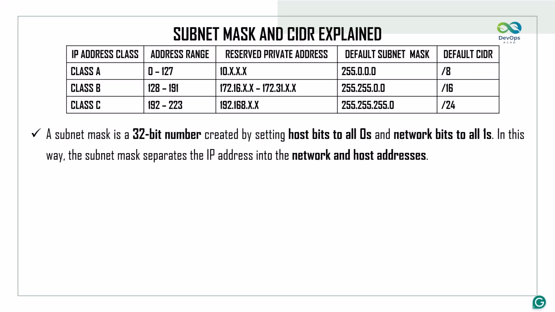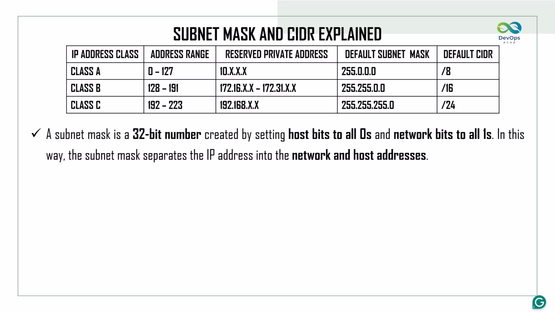So if all the bits in the first set are turned on, we get 8 bits. That is where we got /8. This /8 is referred to as the CIDR notation, while 255.0.0.0 is what is called the subnet mask. Is that all right? Okay.